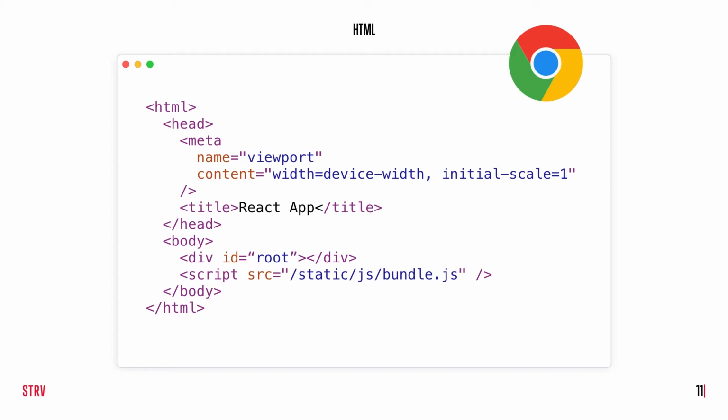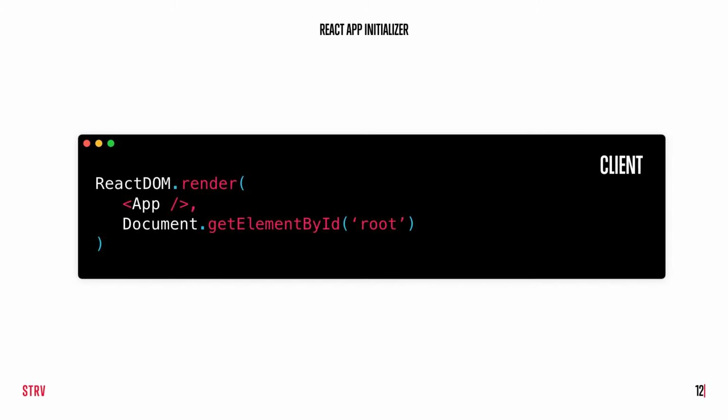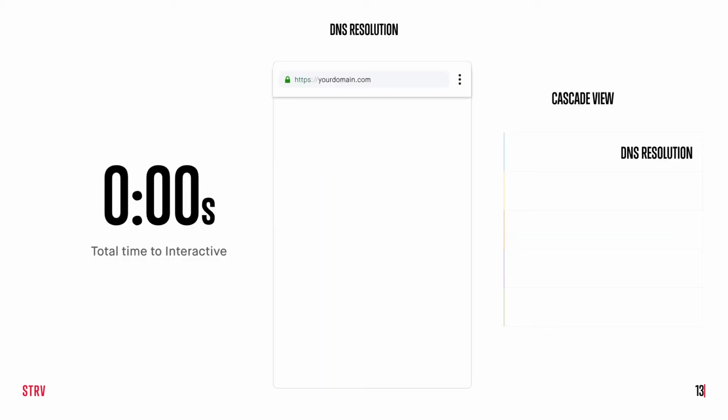The other important thing is the script tag that's going to fetch the code of our application. So there is nothing here. As I say, we take this, get element by ID, we select it, and we mount our app inside this element, and then the magic starts.